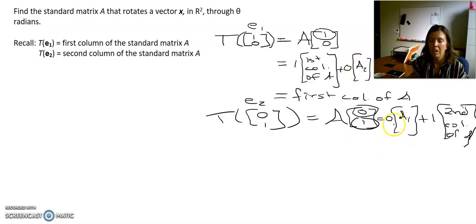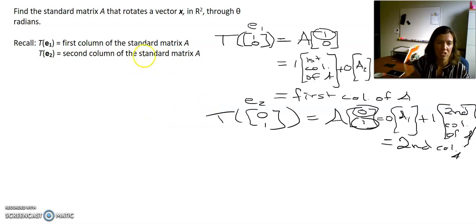Sorry about the handwriting. So we have 0 times the first column, 1 times the second column, which is why this generates the second column of A. All of that is just to give you the reasoning behind that theorem. I'm going to pause while I erase.